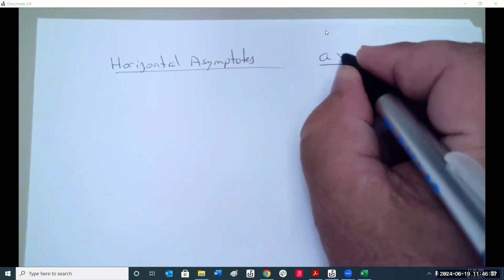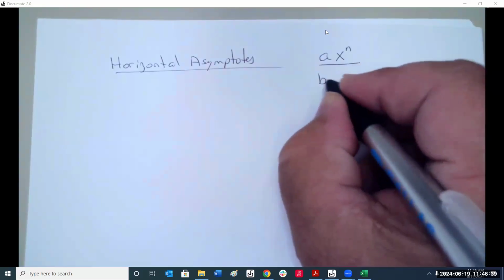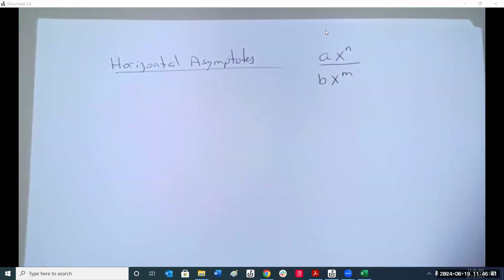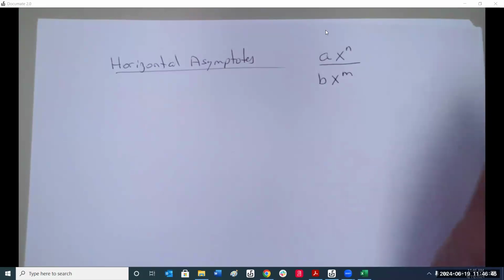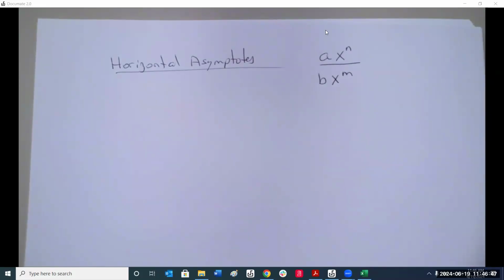But if it's equal, no. You just said if the numerator is bigger than the denominator. It's not numerator and denominator, it's something else, something specific about the numerator and denominator. Factoring? No.